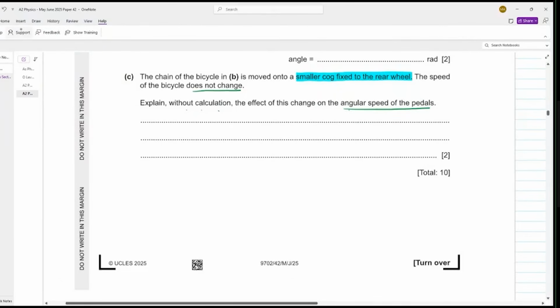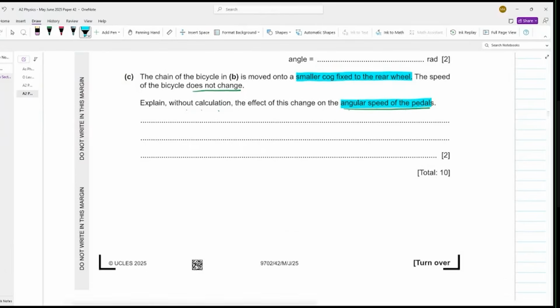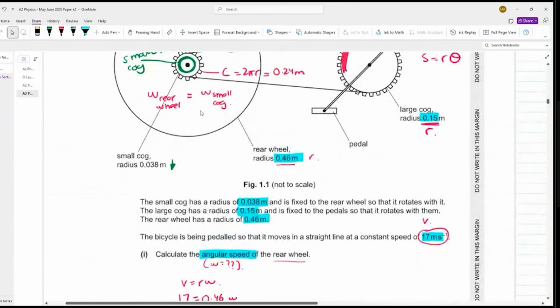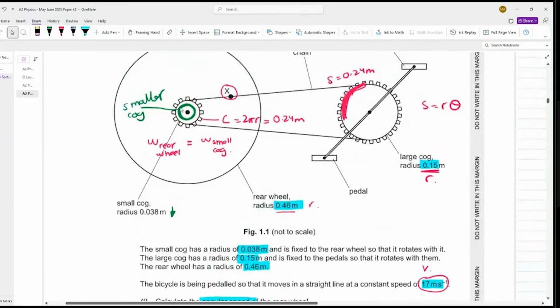Now you are using a smaller cog. You have to now explain what will happen to the angular speed of the pedals. If you realize, if the radius of the small cog is decreasing, beta, if this radius is decreasing, let's say from 0.038 to 0.02, what does this mean?